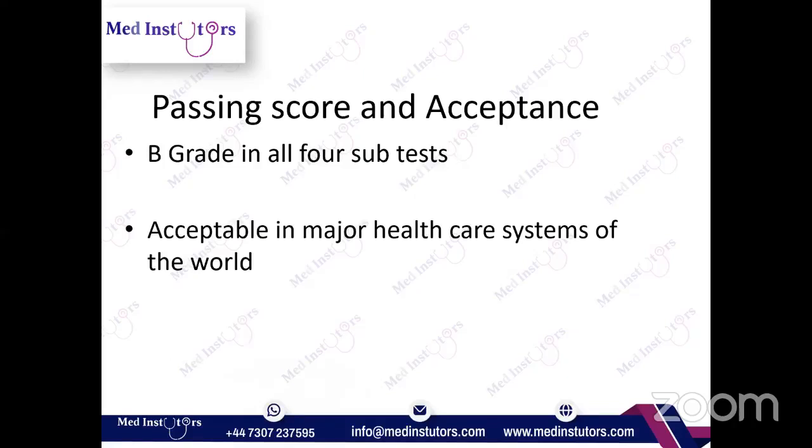But for PLAB and the AMC exam, a B grade is a must. In the USMLE, some of the states have leniency in the writing, so if you are even getting C plus in the writing, they still offer you a pass grade and accept you as a successful candidate of your OET. But to be on the very safe side, you should all aim at scoring at least a B grade in the OET exam.